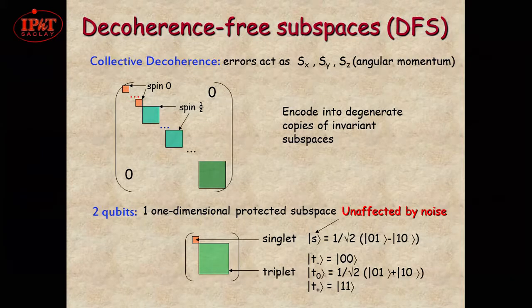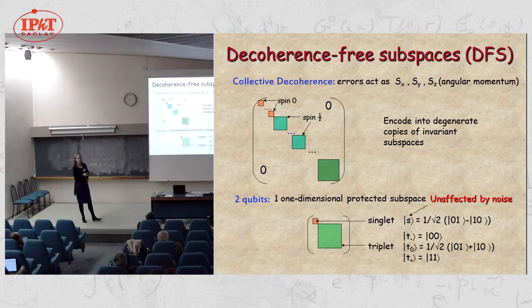In a one-dimensional case, we have seen in the previous talk that the singlet is, for instance, unaffected by such noise, which is why Maziar could, using this type of noise, get his state back to the singlet. The triplet states are also protected by the noise.